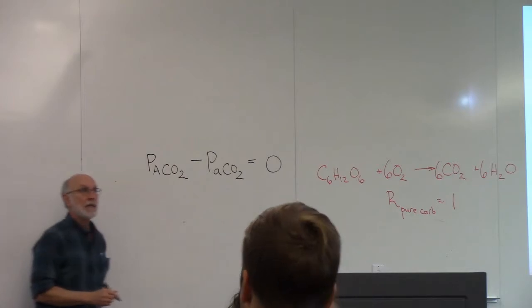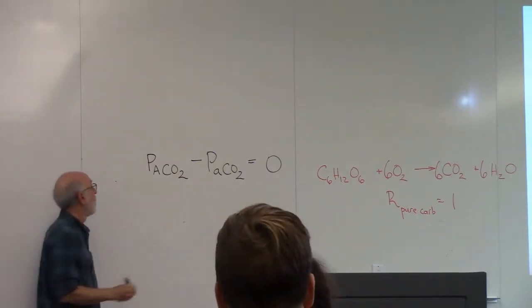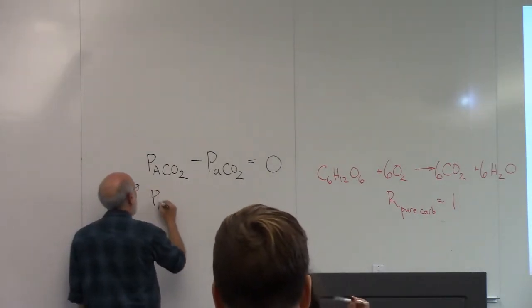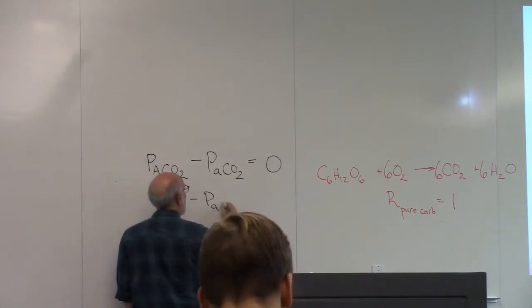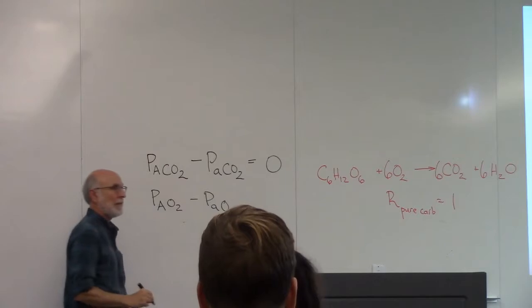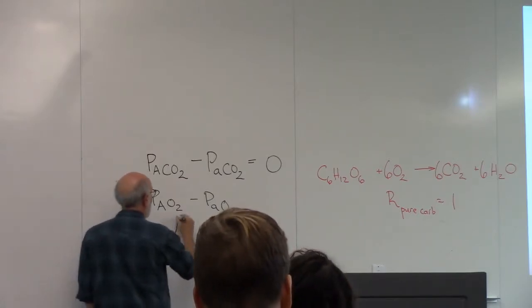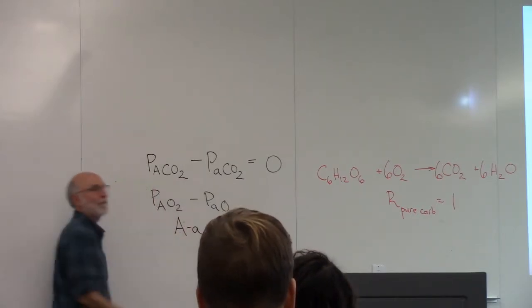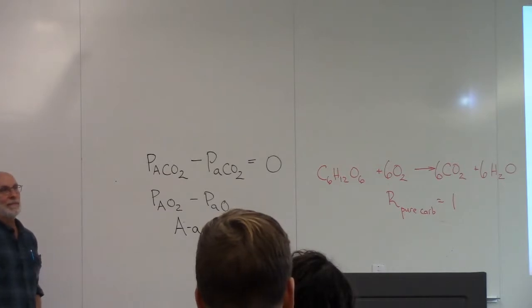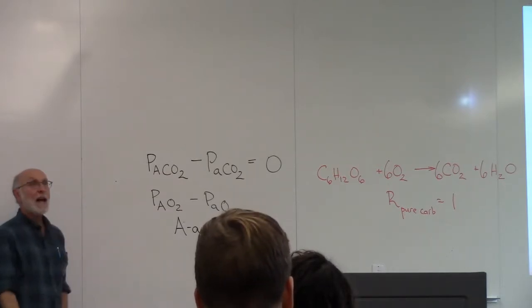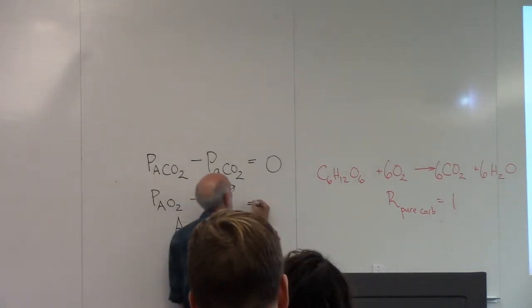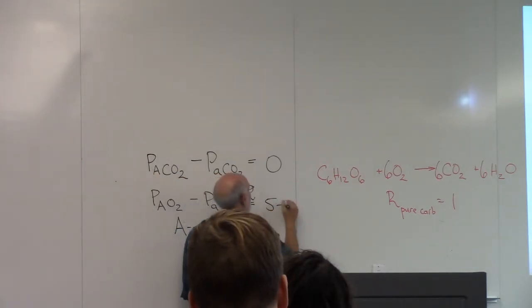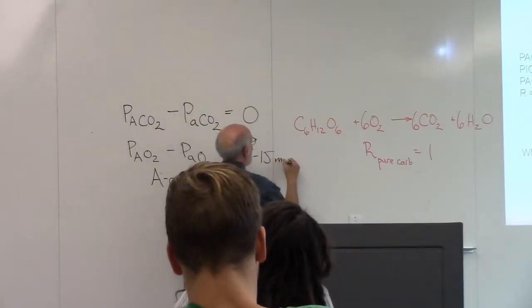That difference is usually 0. The difference between the alveolar PO2 and the arterial PO2, which is often called the AA difference, is not 0. It's somewhere between 5 and 15 millimeters of mercury.